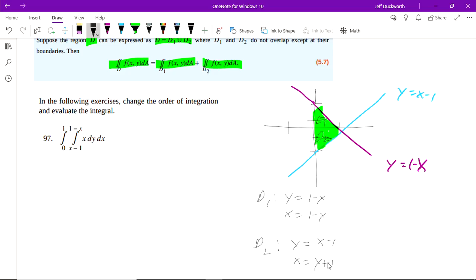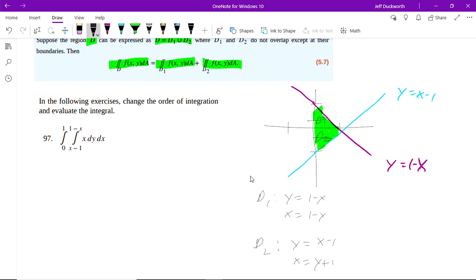Okay, so we've got a situation where, although my graph doesn't look like it, we have some symmetry going around the x-axis. So each of these regions is going to be the same area. So we'll use the top one.